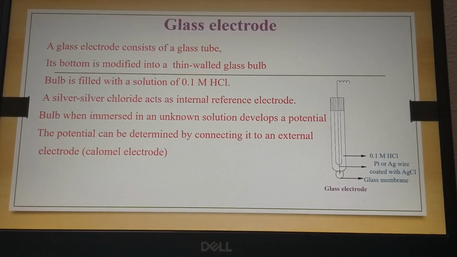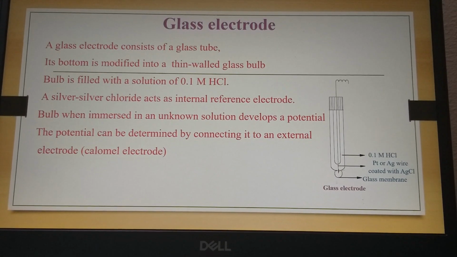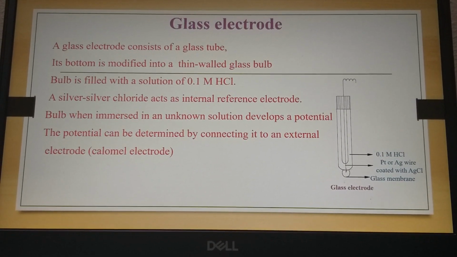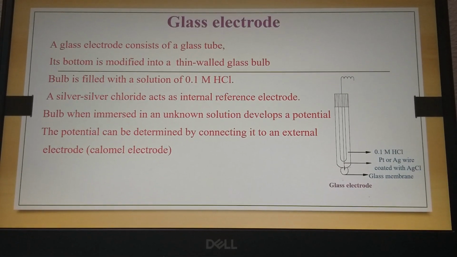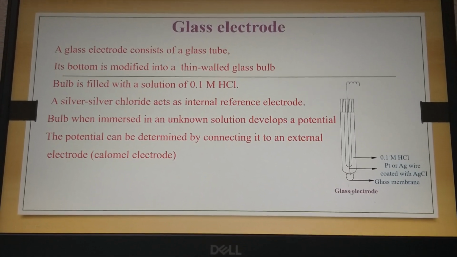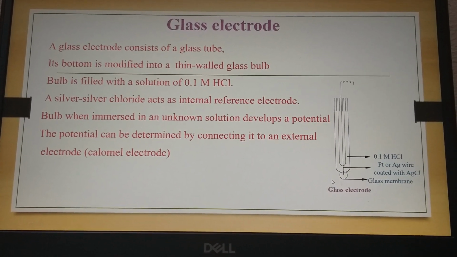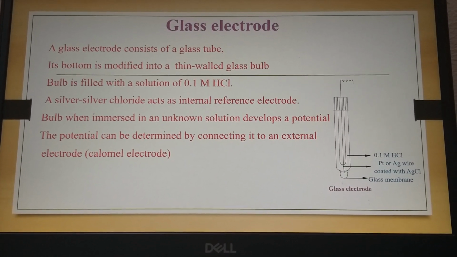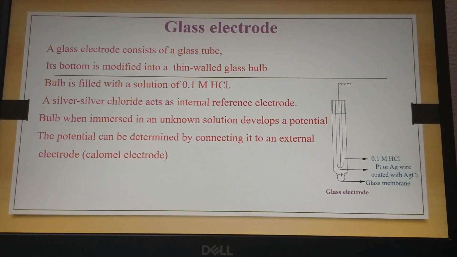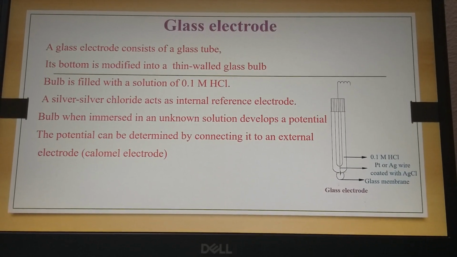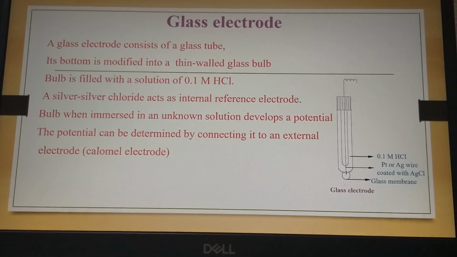But the entire electrode is not made up of the same glass. The lower end of the tubular glass is modified into a small bulb, and this bulb is made of special glass called soda glass, which contains the 0.1 normal or 0.1 molar hydrochloric acid, into which the internal reference electrode also dips.